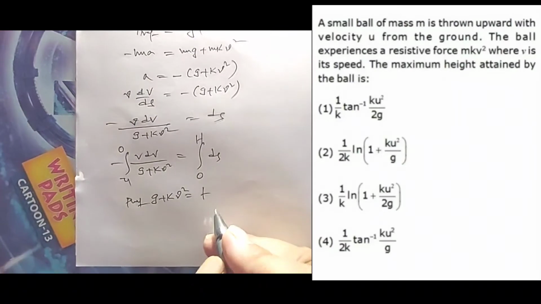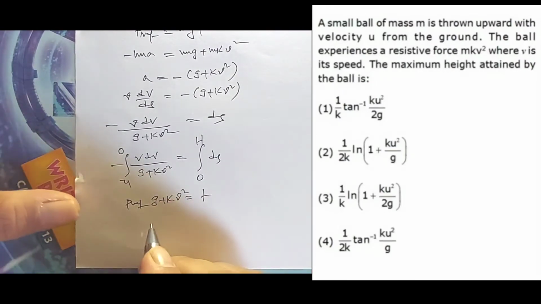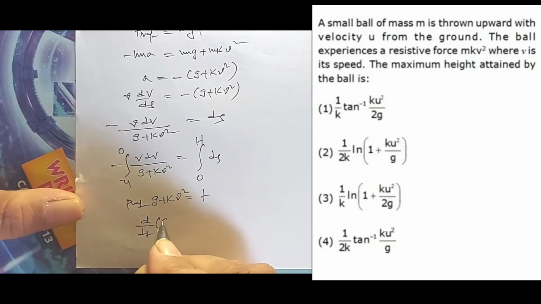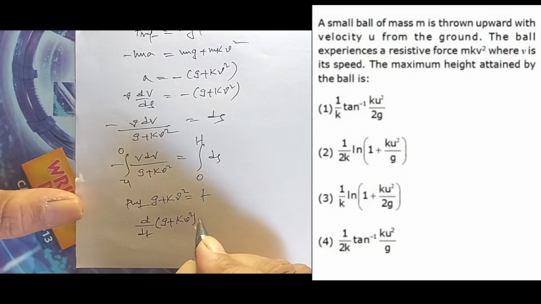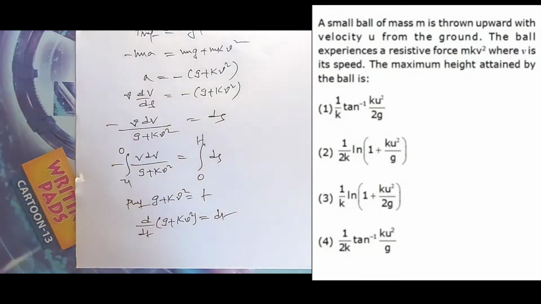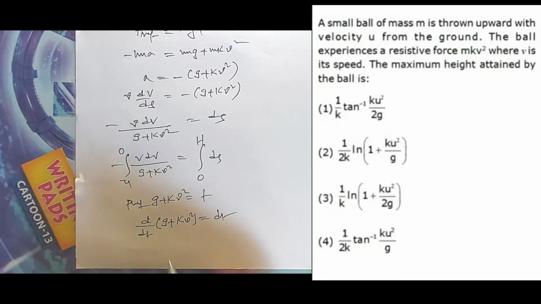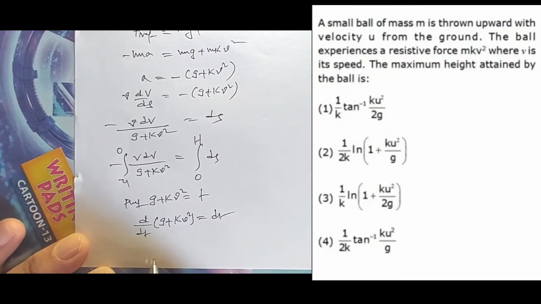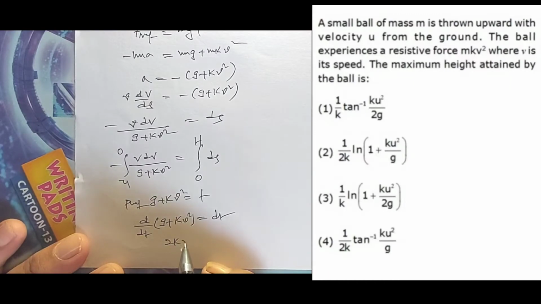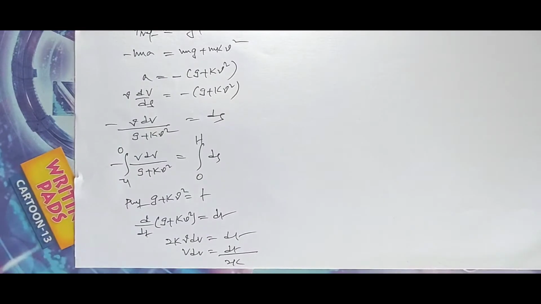Now differentiating this equation with respect to t, g plus k v square is equal to t, we get 2kv dv is equal to dt. So v dv is equal to dt by 2k.